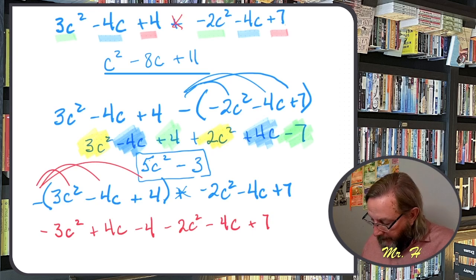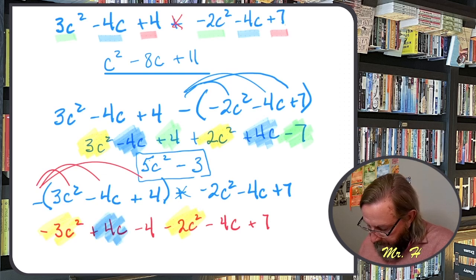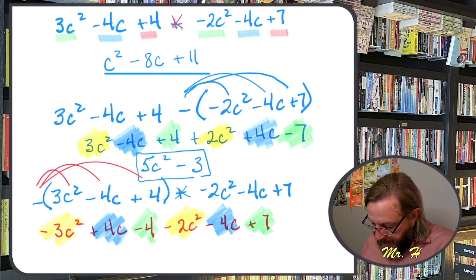We look for our like terms. I have c squared here, c squared here. I have a 4c right here, a negative 4c right there. And then I've got this negative 4 and a positive 7 there. So when we go to write our final answer, negative 3c squared, negative 2c squared, that's negative 5c squared.